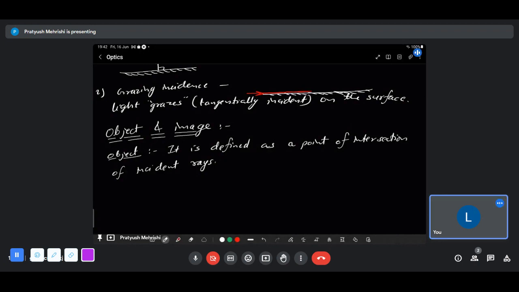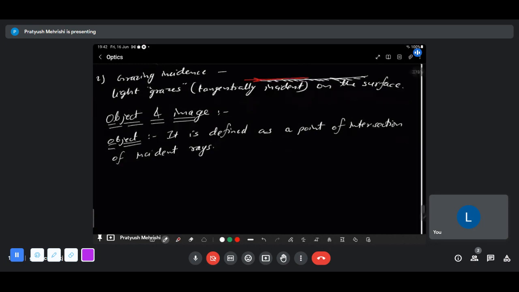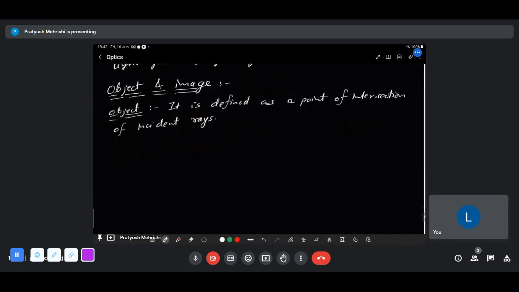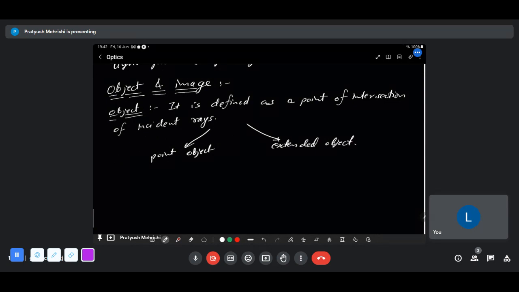Yes, sir, copied, sir. Now, see, this is an object. This object can be a point object as well as an extended object. Object is of two types: point object and extended object. What is a point object?